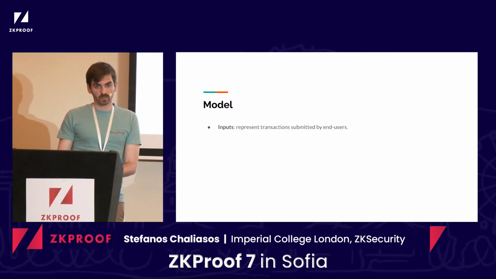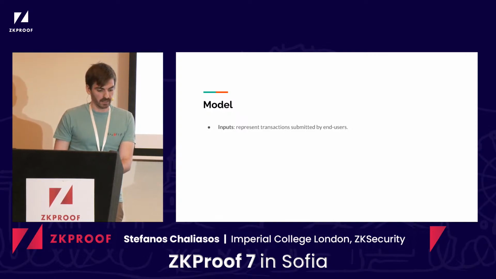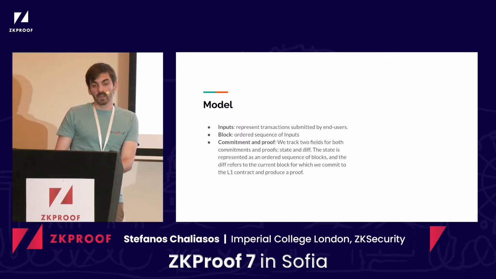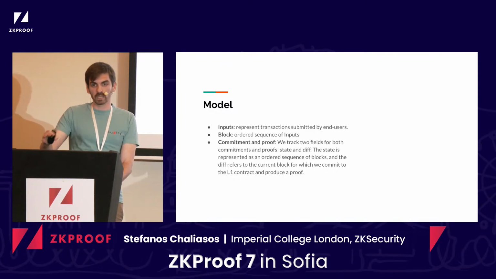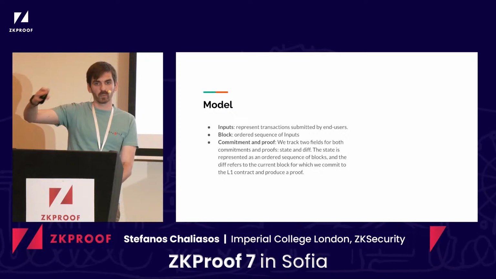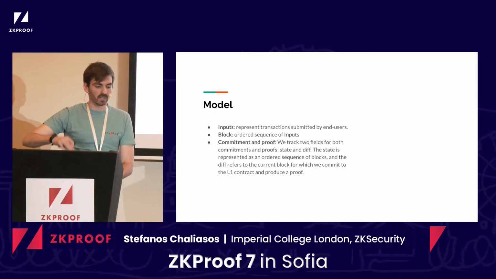We have inputs, which basically represent transactions submitted by end users. We have blocks, which are ordered sequences of inputs. Then for commitments, a commitment is basically when the sequencer commits that it will create a proof for that batch, and the proof is the proof for that commitment.